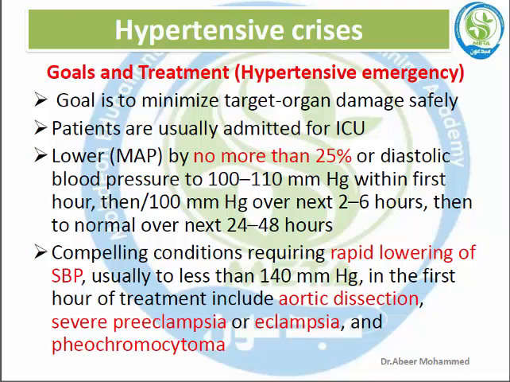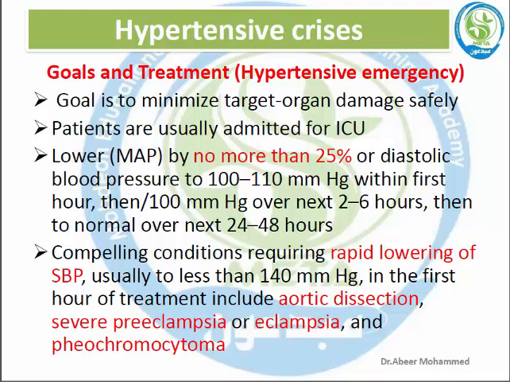The limit of lowering MAP, or mean arterial pressure. The mean arterial pressure equals systolic blood pressure plus 2 multiplied by the diastolic blood pressure, all divided by 3.